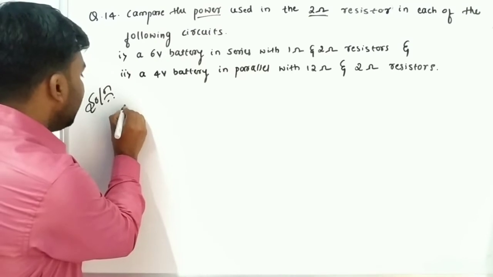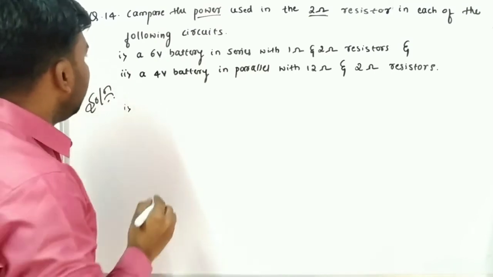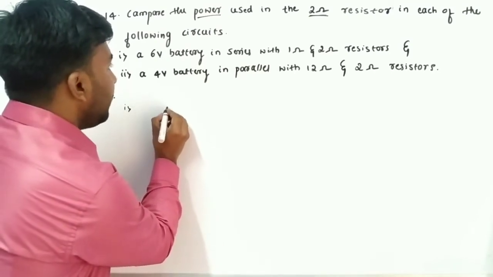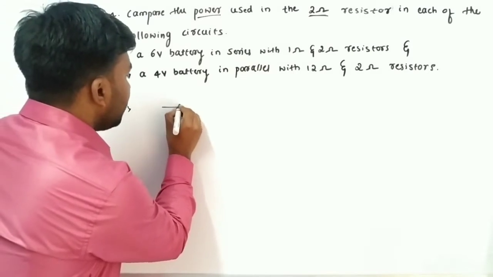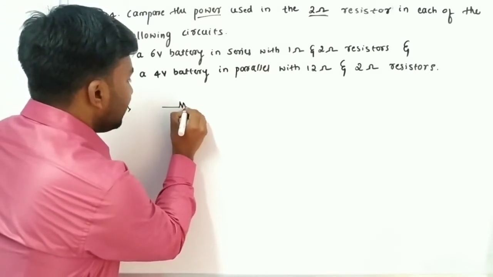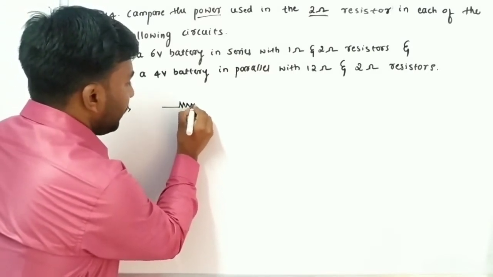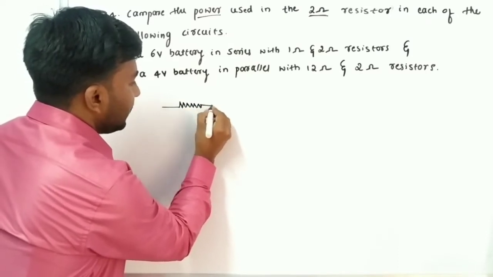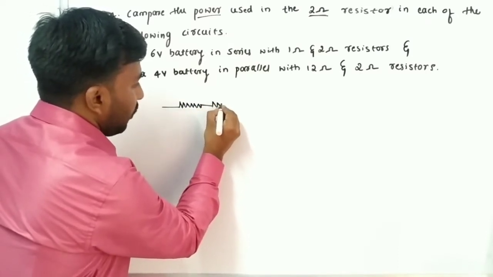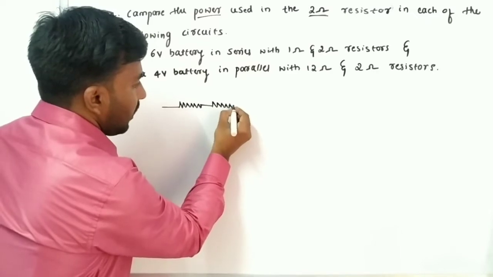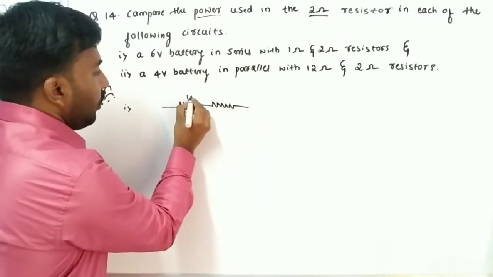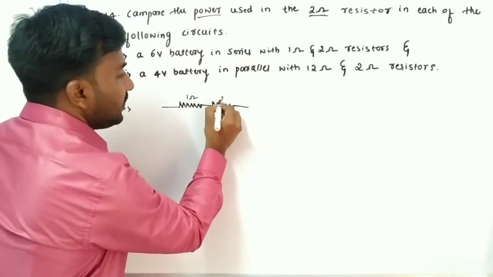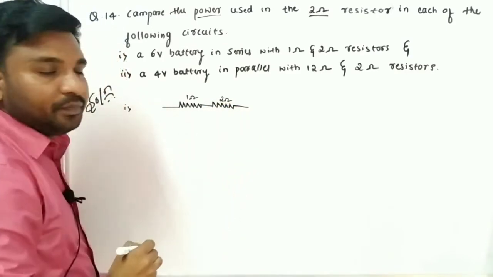So solution, first one, we have 2 resistors. One is 1 ohm and another one is 2 ohm.